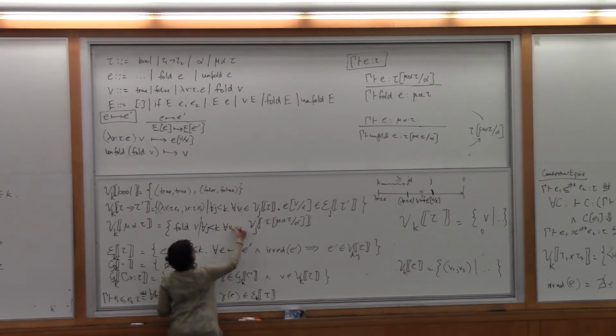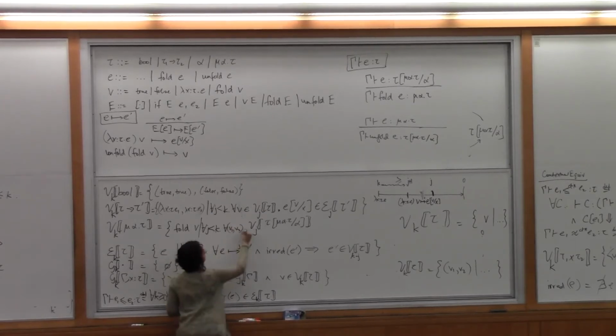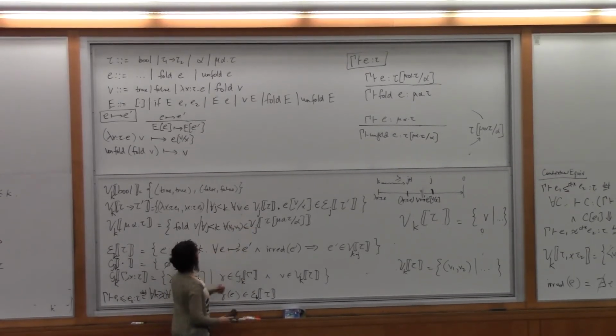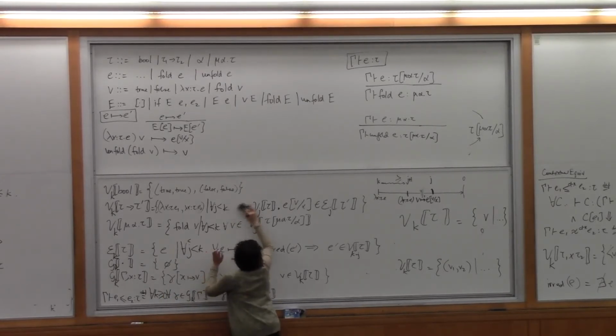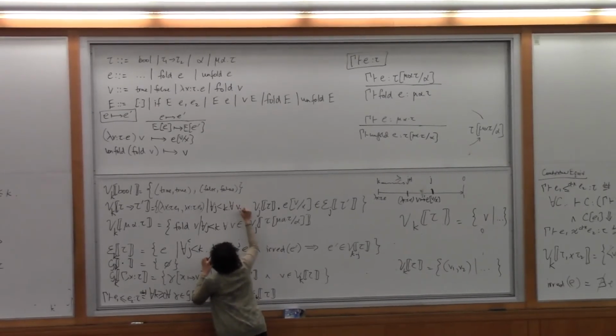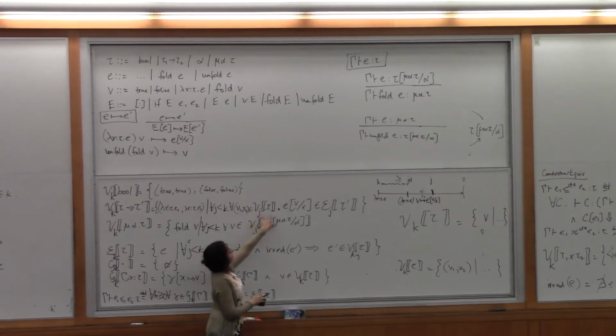So, for all v1 and v2 that are related at the argument type tau, right? If this was Boolean, then these would both have to be true or both have to be false.